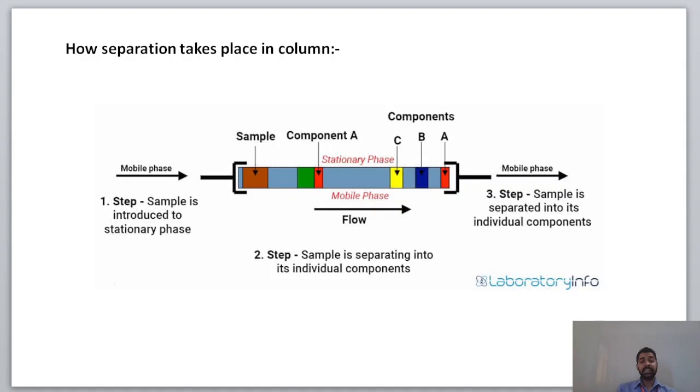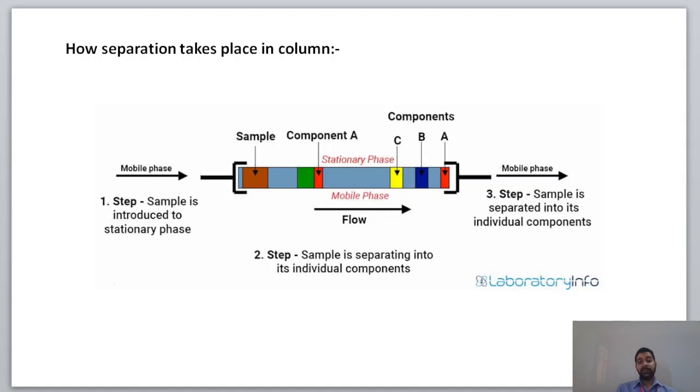How does separation take place in the column? Step 1, the sample is introduced to the stationary phase. Here the stationary phase is nothing but our column, with the sample components A, B and C, and the mobile phase flows in this direction.